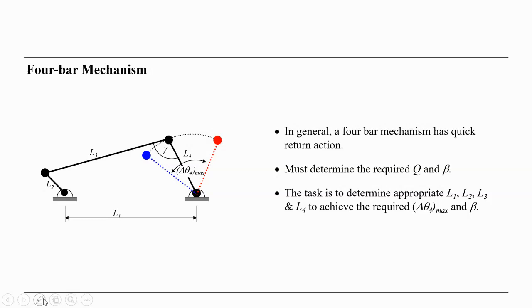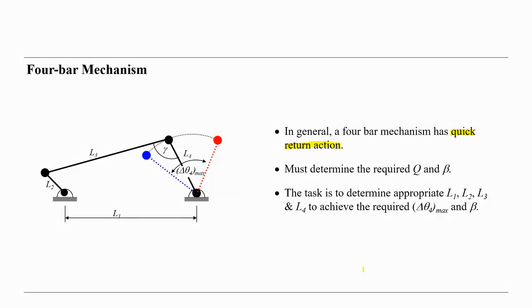So that means it affects the cycle time, and therefore, as soon as possible after achieving the advance stroke, the mechanism should come to the initial position to start the next cycle. So quick return action, to reduce the cycle time.